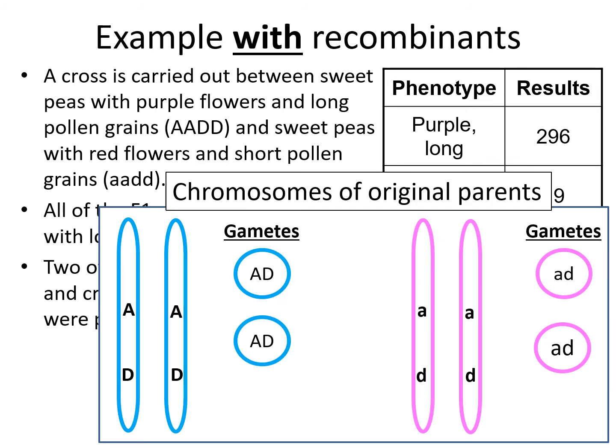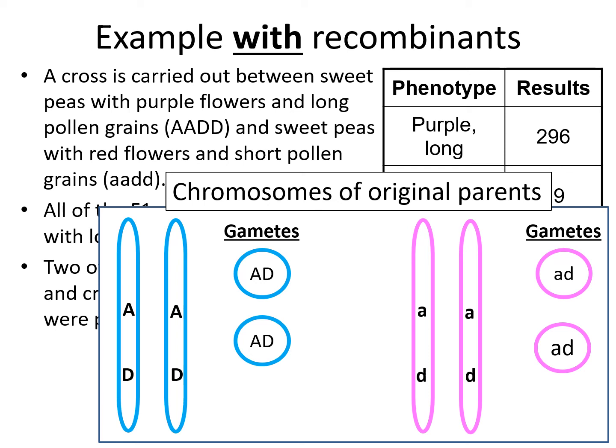Now that we know it's autosomal linkage, what you want to do is try and identify which of the alleles for A and D genes are allocated to which chromosomes, so what's paired off with what. If you go back to the original parents, or the grandparents from the F2, it says clearly that the uppercase A and the uppercase D are both found together on one parent, and the lowercase a and lowercase d are both found together on the other parent.